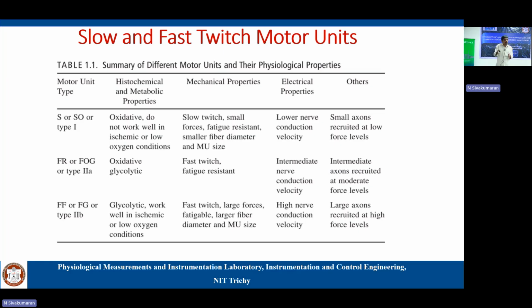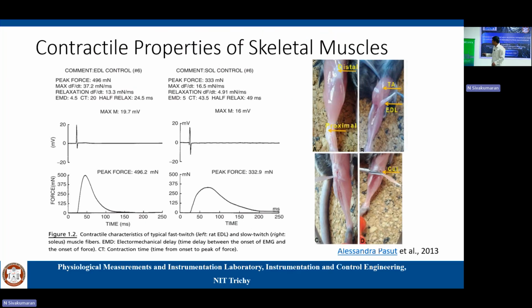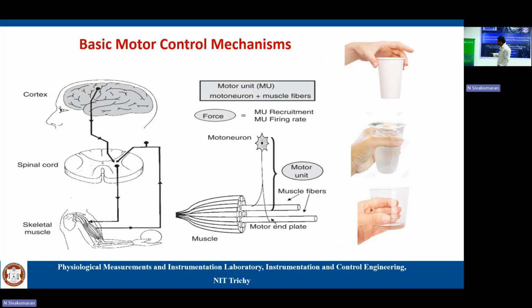With that EMG, the coach can decide which muscle has to be trained and which muscle has improved. Those kinds of information can also be inferred. So that's slow twitch and fast twitch muscle fibers. Again, it's a little bit of physiology, so I'm skipping this. This is what I was telling.